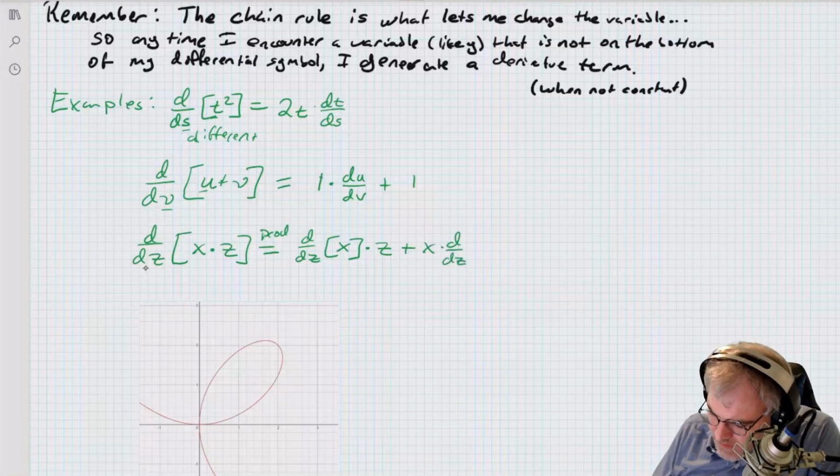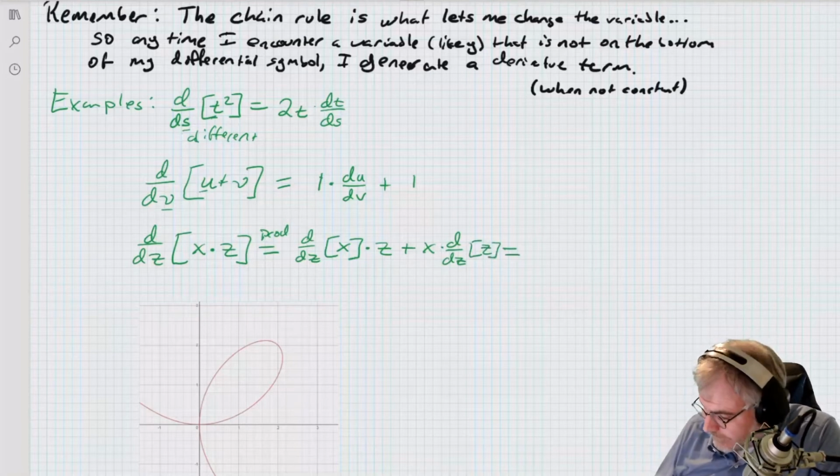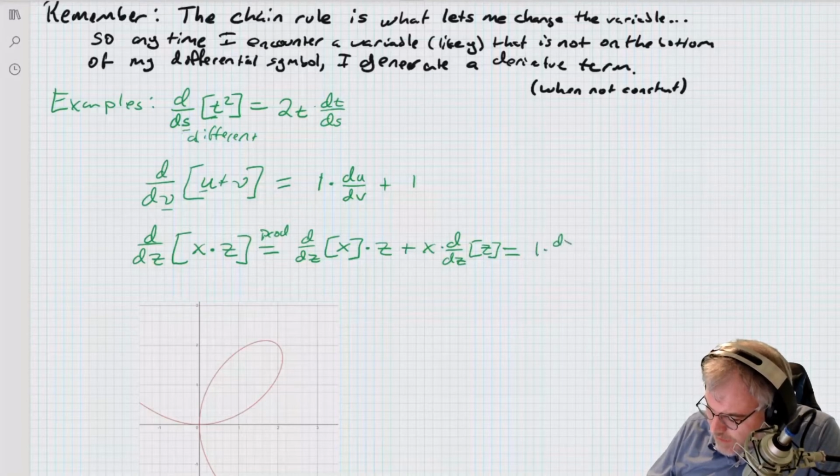And notice I'm still differentiating in terms of z. And Laura's very proud of me right now in chat for not saying zee. That's going to equal 1 times dx over dz times z. The 1 came from that first one. Plus x times 1.